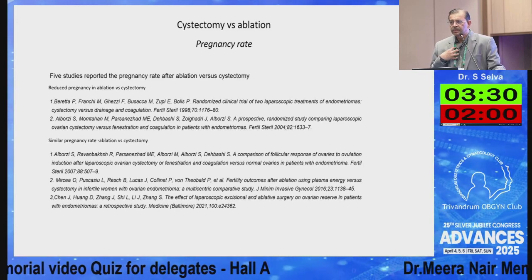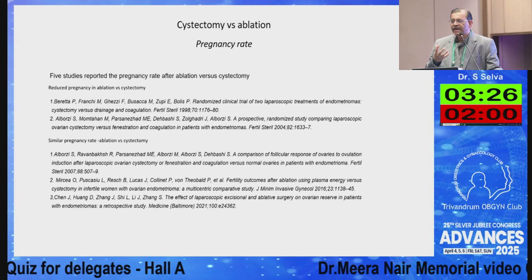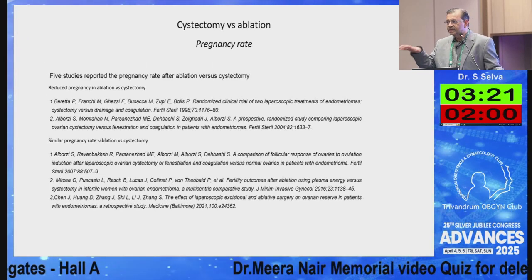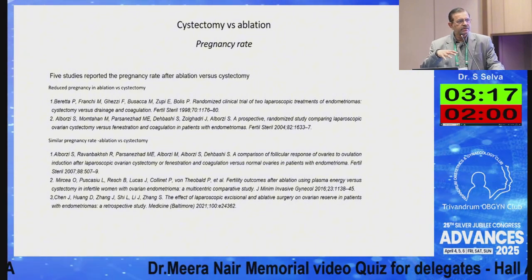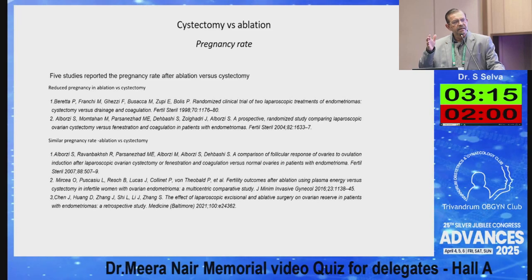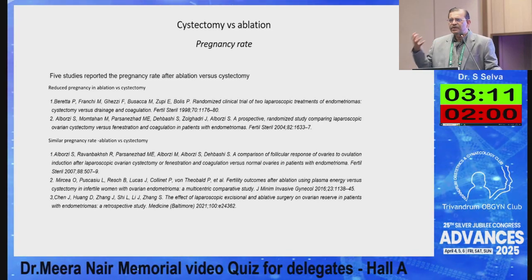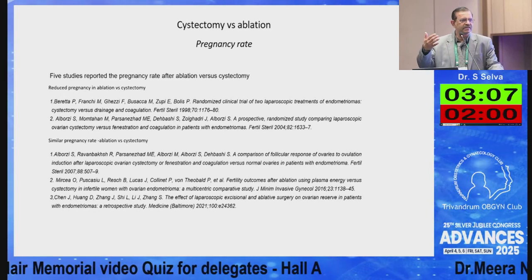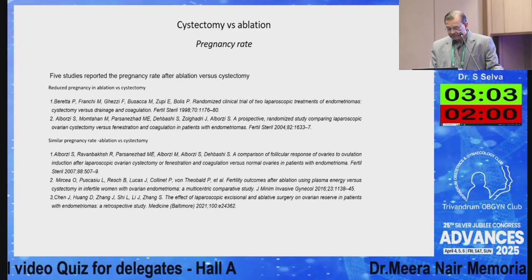Surprisingly, I was also surprised that there are 2 studies that say pregnancy rates were reduced with ablation compared to cystectomy, even though the reduction in AMH was lesser in the ablation group. So this is confusing. Why are we doing ablation when the pregnancy rate is low, although the AMH level is not that reduced? This is a bit puzzling.